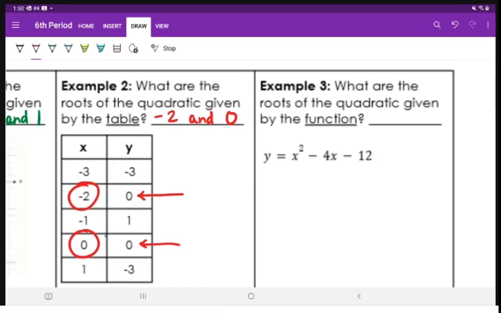All right? So here are your steps. Turn your calculator on. Okay, so you got your calculator on. In order to use the graphing features of the graphing calculator, we have to first enter our function.